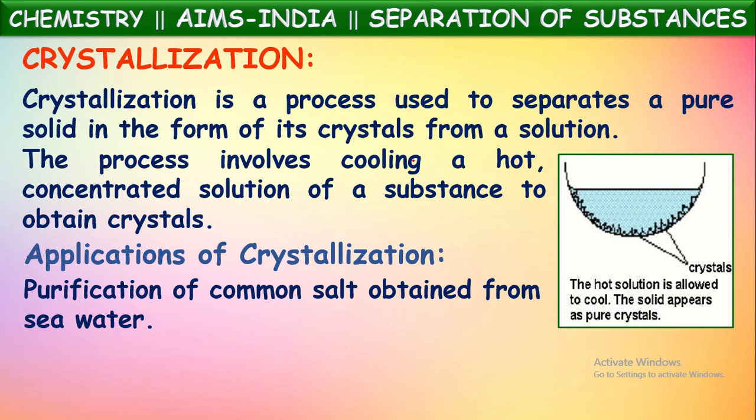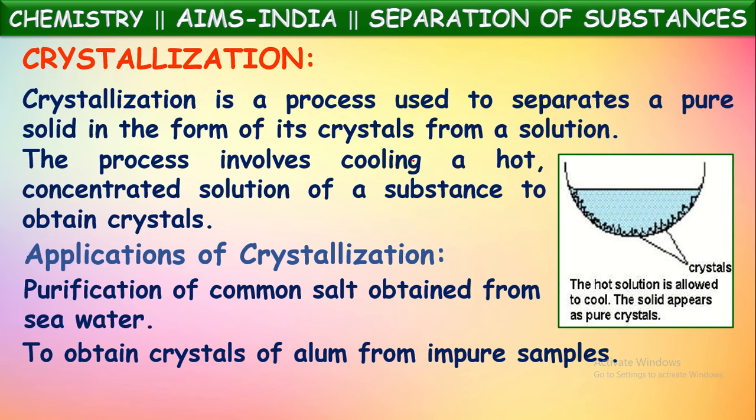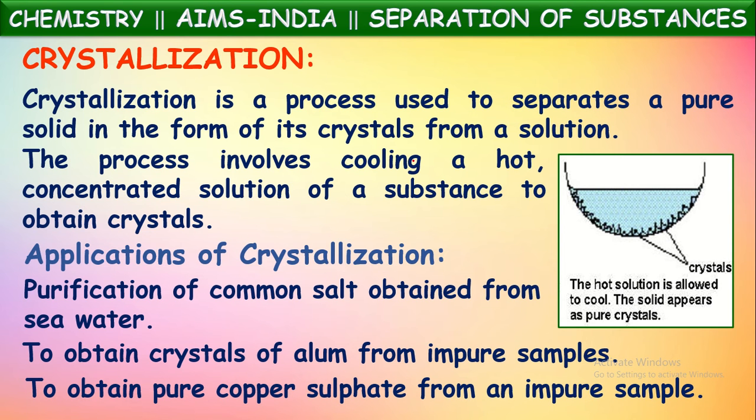It is also used to obtain crystals of alum from impure samples. Yes, not only common salt, even alum is separated from its highly concentrated solution by the process of crystallization. And also to obtain pure copper sulfate from an impure sample.